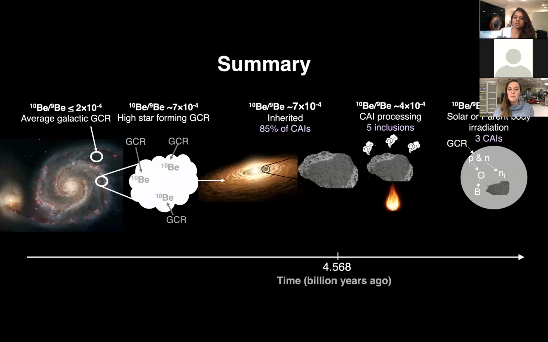I don't have any evidence that it would have been a regolith, and it's a pretty accreted CV3 chondrite, but galactic cosmic rays can penetrate a few meters into the surface of a parent body, so it could have just been a little bit below the regolith, although I don't know how deep the regolith would have been.